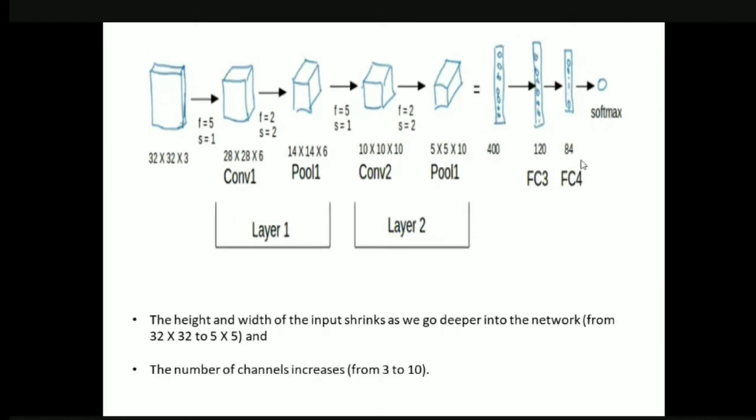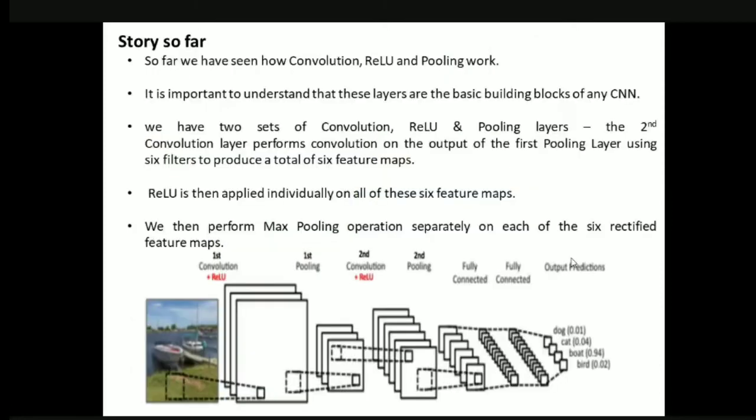If you see here, the height and width of the input is 32 by 32 initially. Now it has shrunk to 5 by 5. But the input channel is 3, and now the output channel is 10. That is, the number of channels is increasing and the size of the image is decreasing. So finally, what story have we discussed so far?